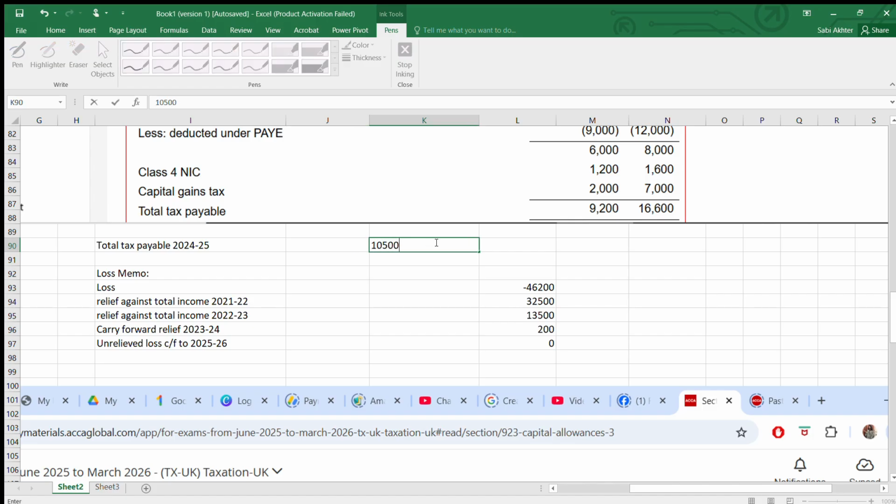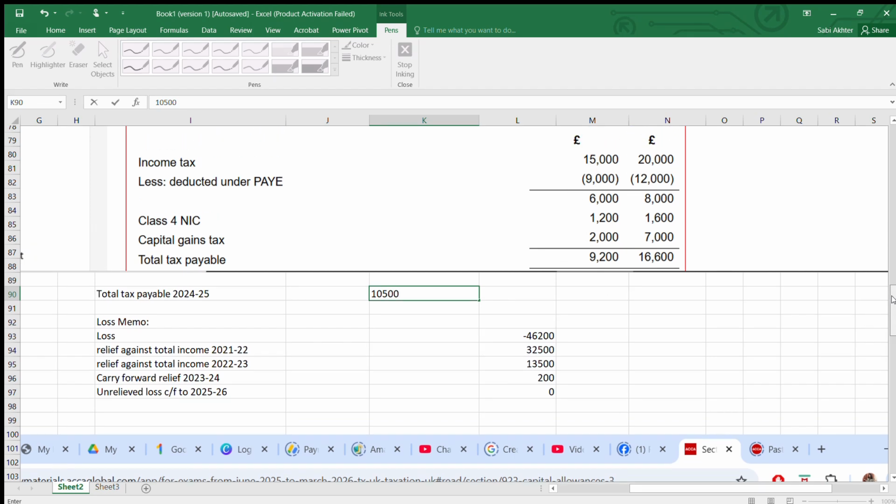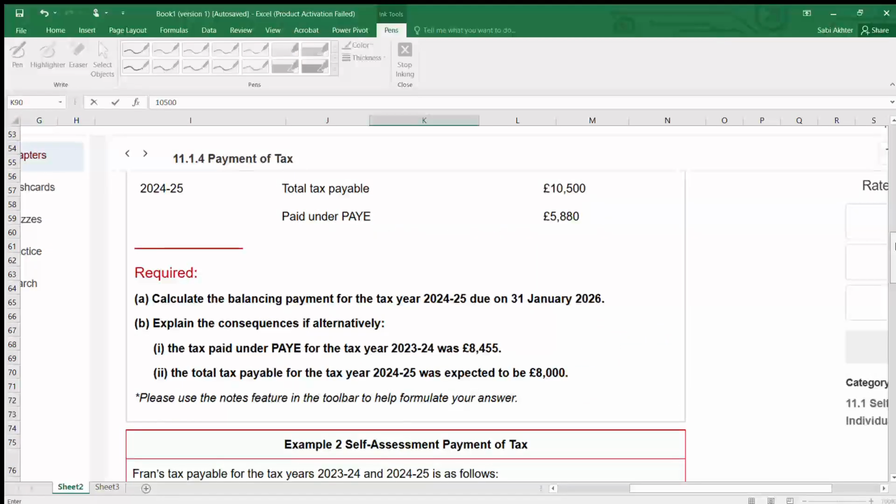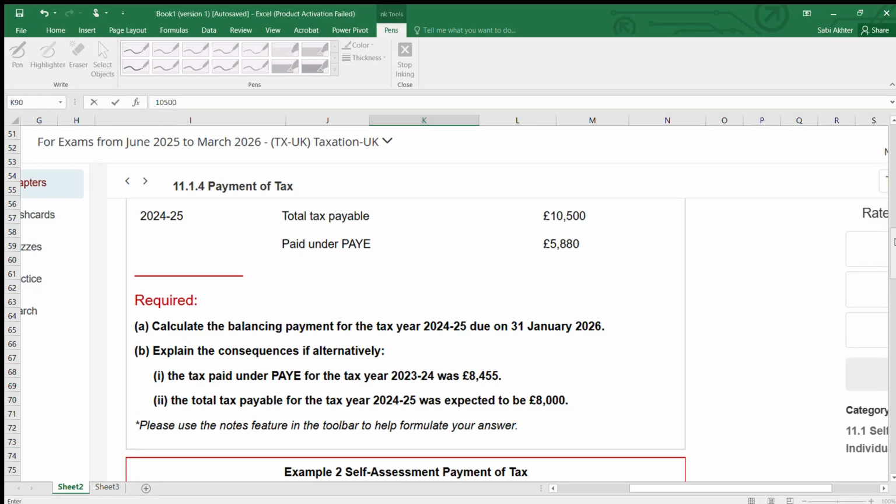You have to deduct the tax already paid by PAYE, which is 5880.